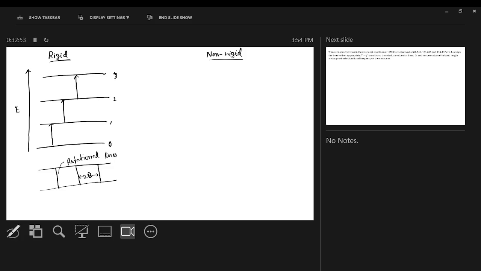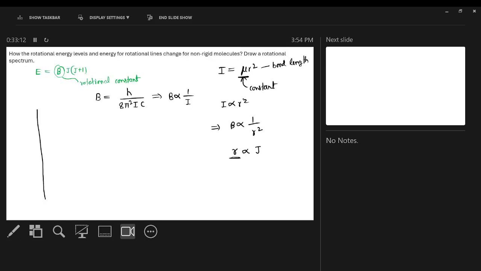Now, when the molecule becomes non-rigid, what we are seeing is that this R value increases with increasing J. And when R increases, we saw this B decreases.